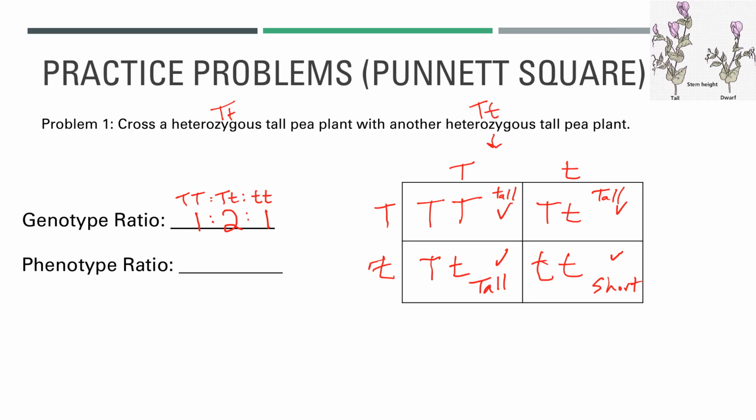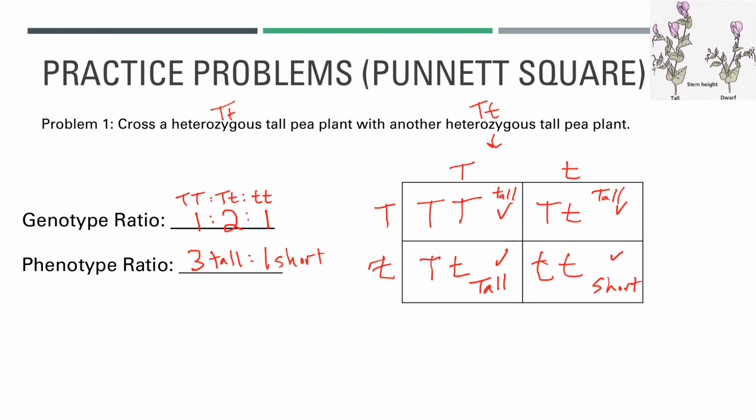So in this case, the phenotype ratio for this particular problem is we have 3 tall plants to 1 short. And if we were doing percentages in this case, if you think about it, 3 out of 4 plants are tall.